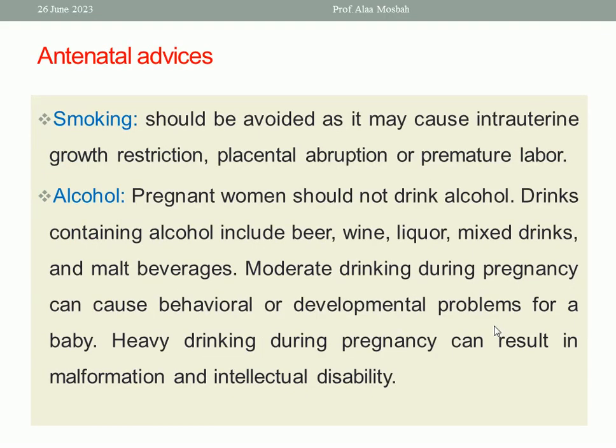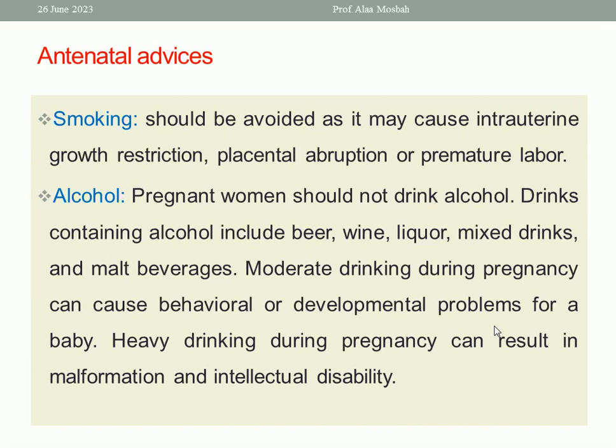What else in antenatal advice? As regards smoking, it should be avoided during pregnancy as it may cause intrauterine growth restriction, placental abruption, or premature labor. What about alcohol? Pregnant women shouldn't drink alcohol, including beer, wine, liquor, mixed drinks, and malt beverages.